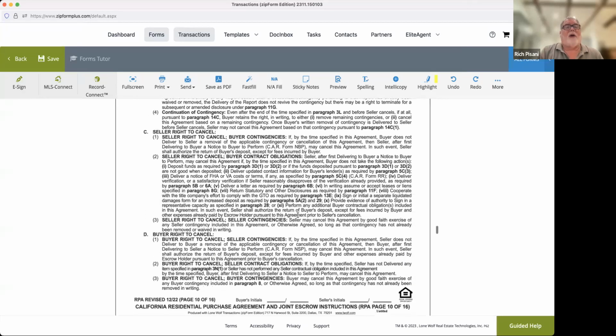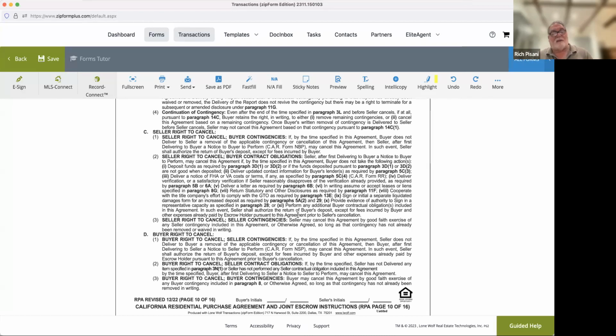So very important, seller's right to cancel. If you're representing a seller and you get all these offers, you need to explain to your seller, once you accept an offer, you are tied to this person. You cannot cancel this contract unless that buyer doesn't perform.